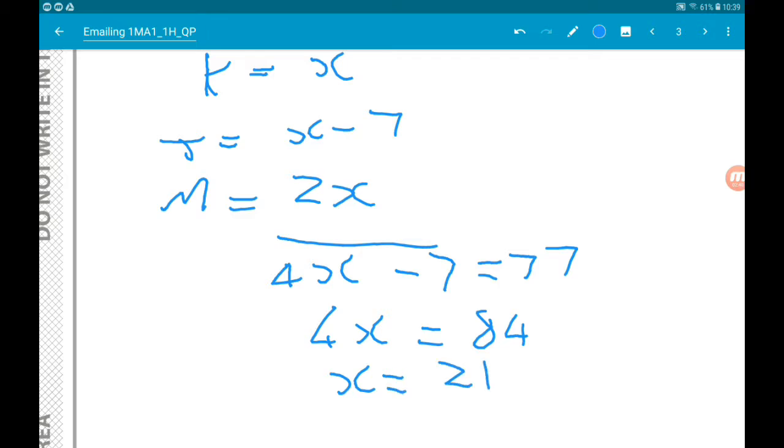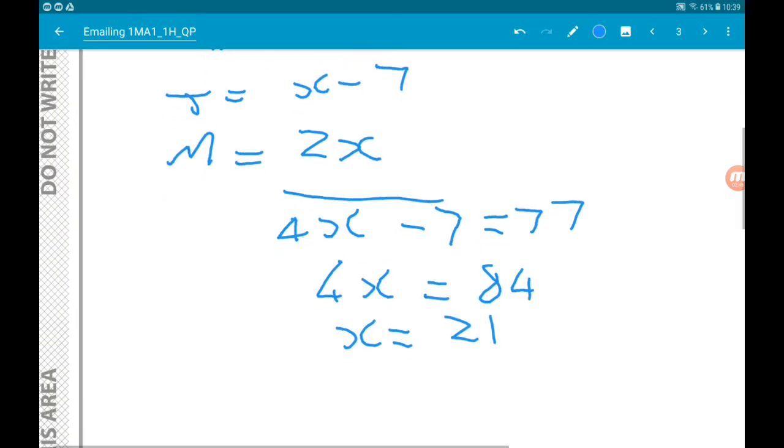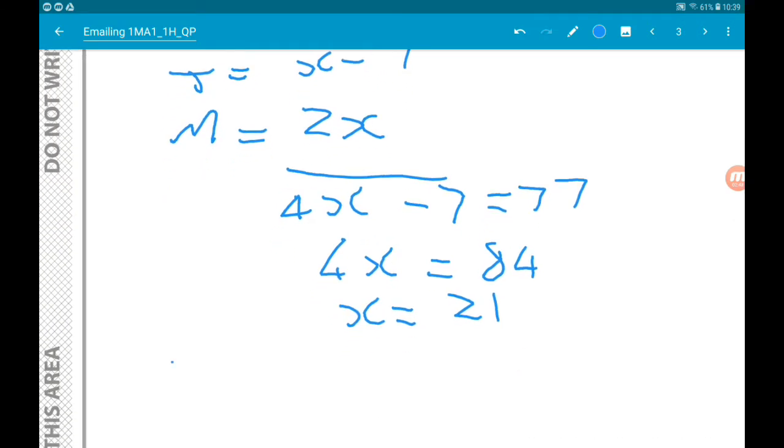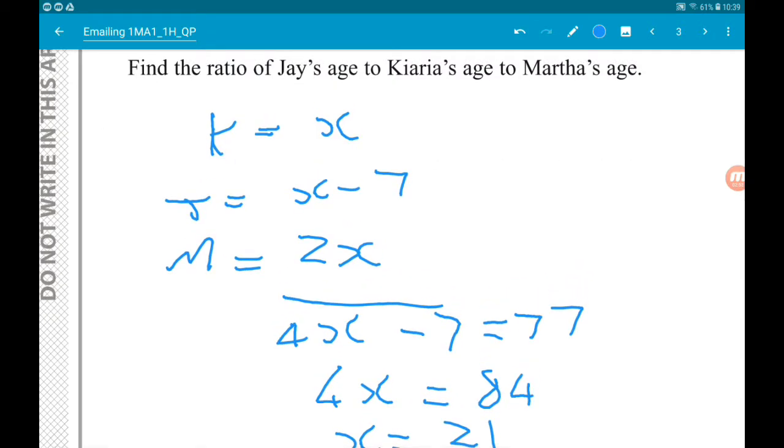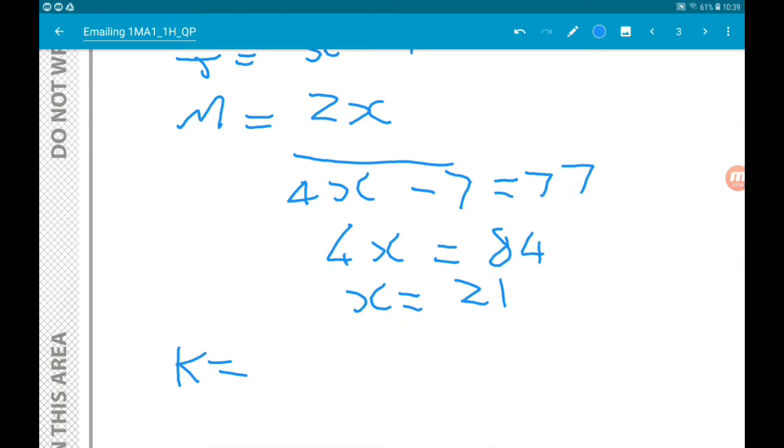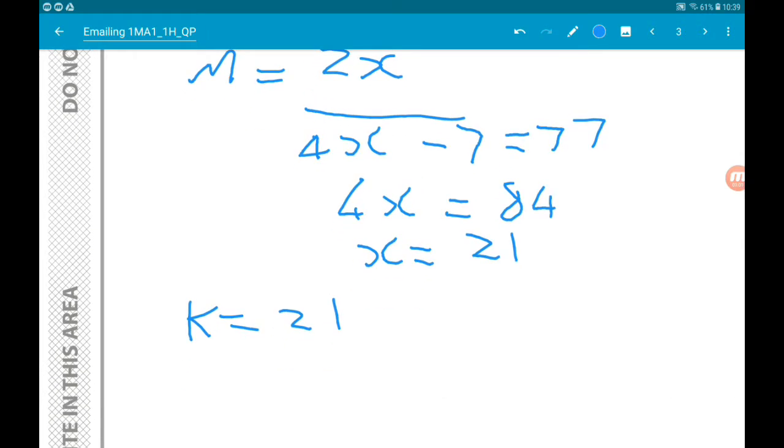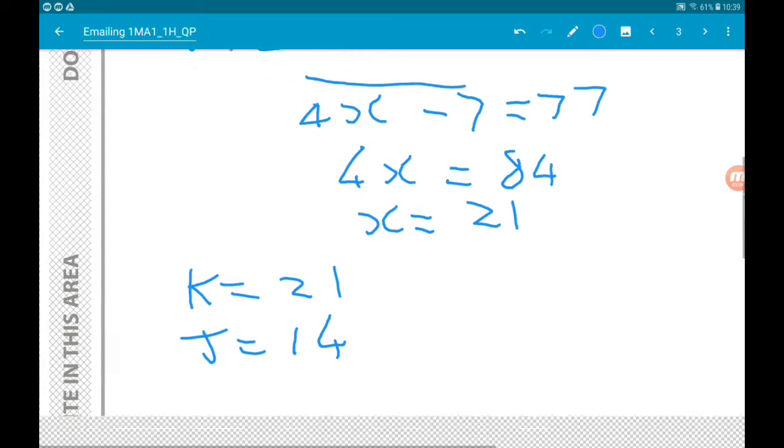So, now we know that Kira is 21. Jay is 14. And Martha is 42.